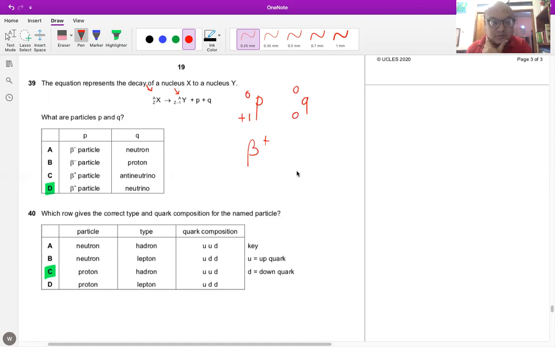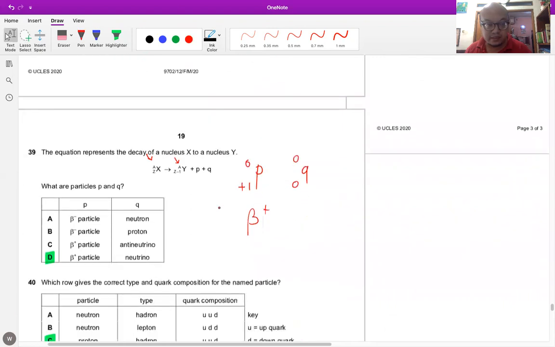And Q is, why neutron? Actually, this is gamma. This is A and A, so this is 0 and 0. Why neutrino? Let me check.